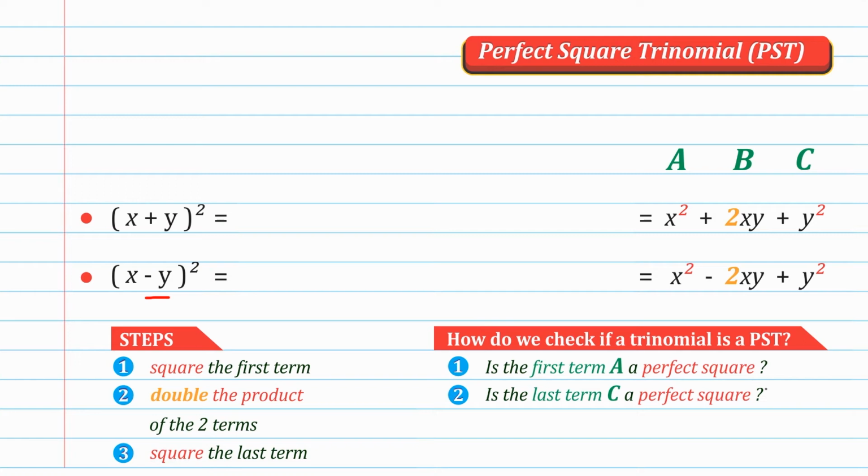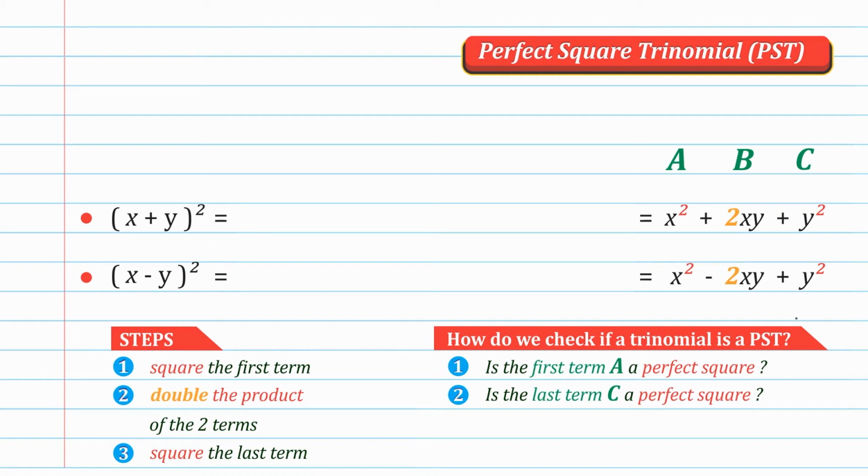If the answer is yes, we're not yet done. 3 steps on the left, 3 questions on the right. Ano yung pangatlo? Yung middle term. Take note, yung middle term natin dito is double the product of x and negative y, and x and y.